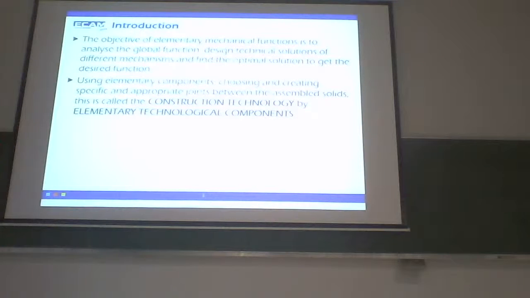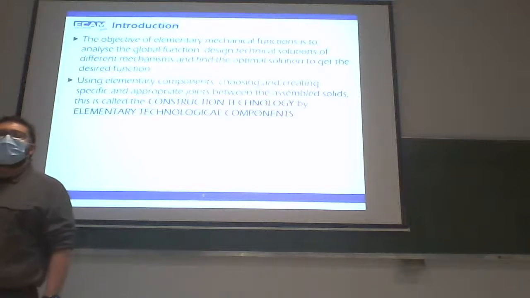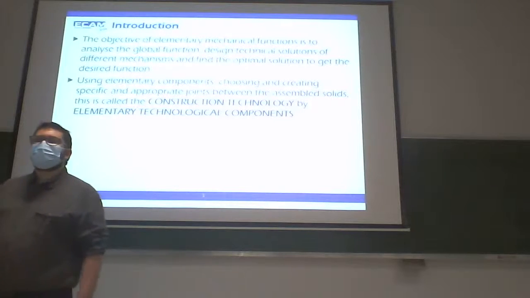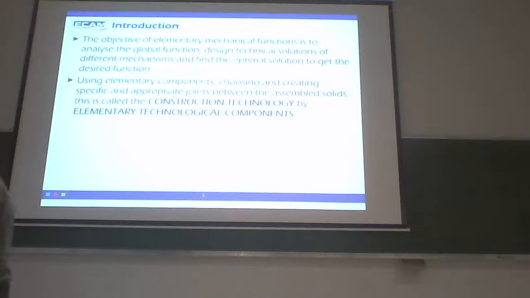The objective of the elementary function is to find in standard components the way to realize a real function, or to realize in concrete a complete joint, a revolute joint, or a sliding joint. We'll use standard components to reduce the cost and the time for the study of the mechanism.